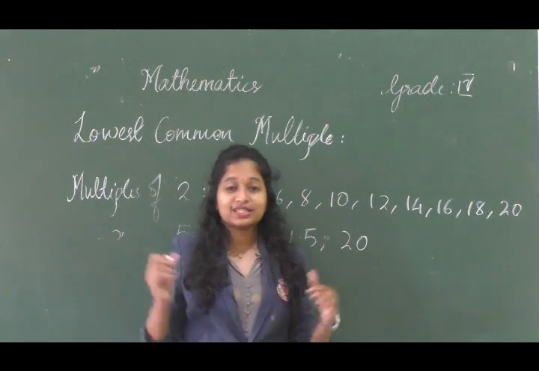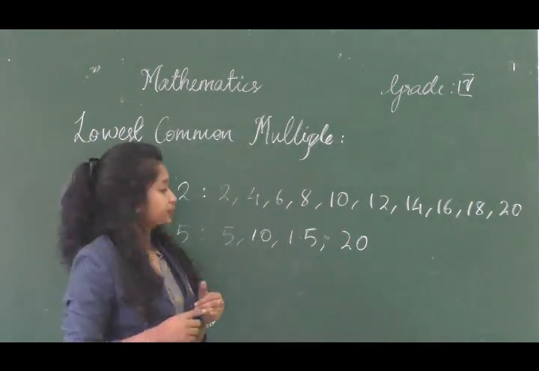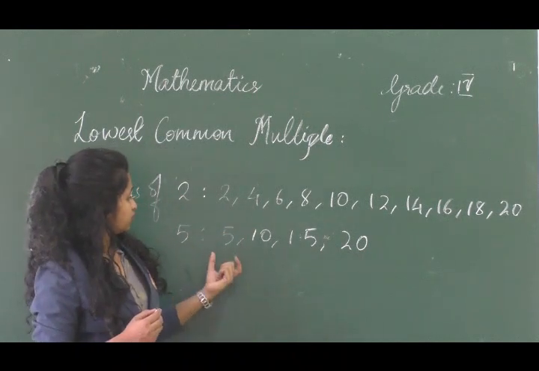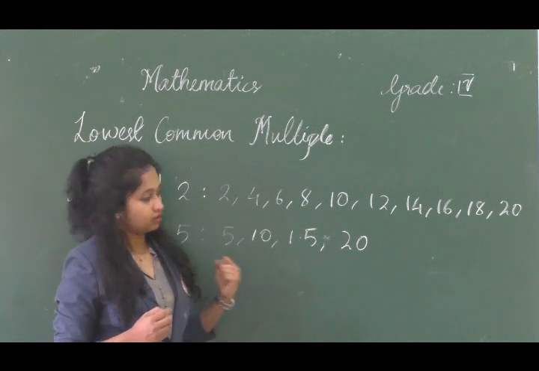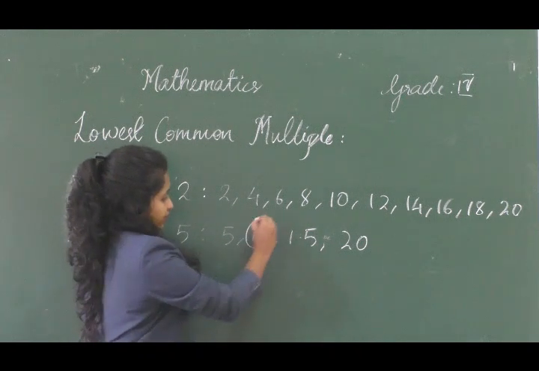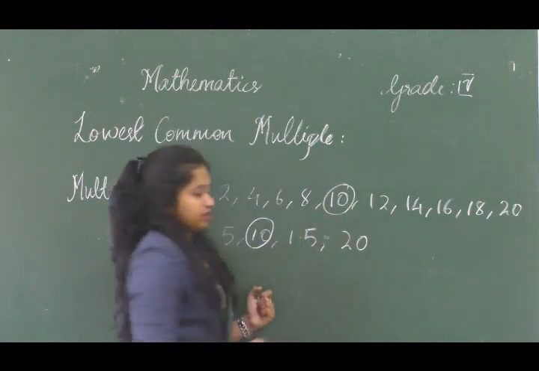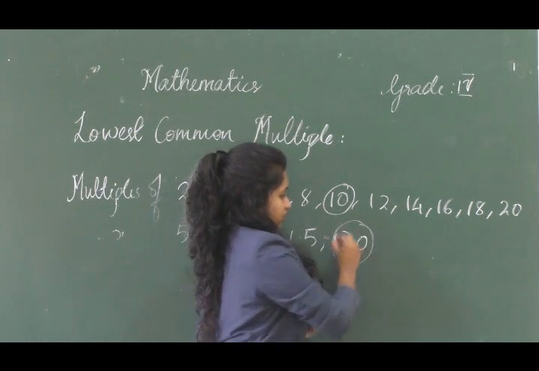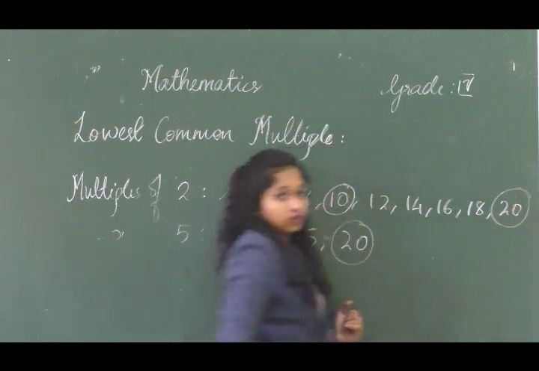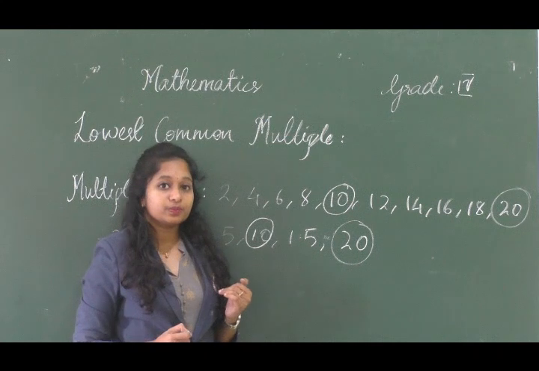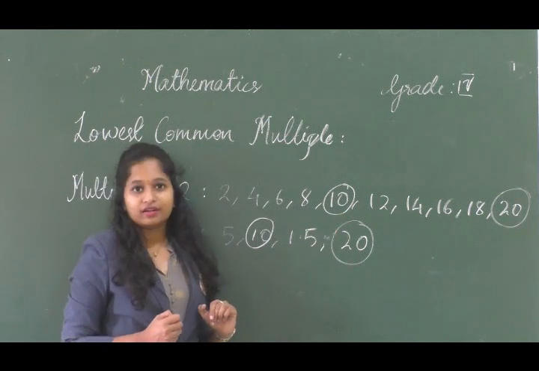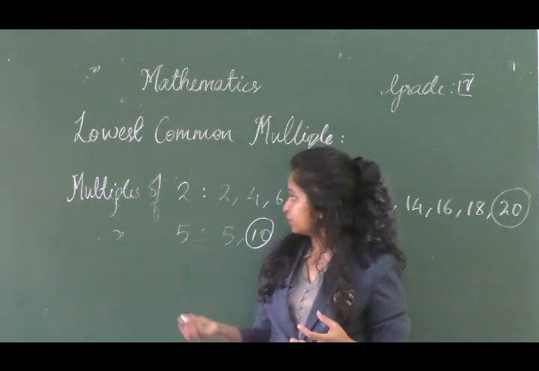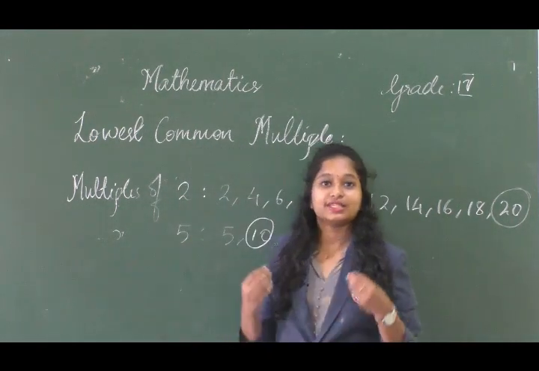So this is called as listing the multiples. Here, if you observe, which is the common multiple? Yes, it is 10. And next common multiple is 20. So which is the least common multiple? It is 10. So we can conclude that the LCM of 2 and 5 is 10.